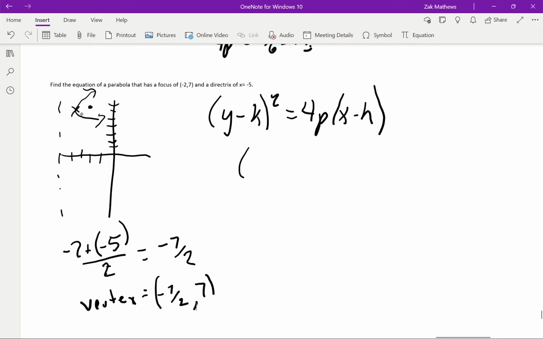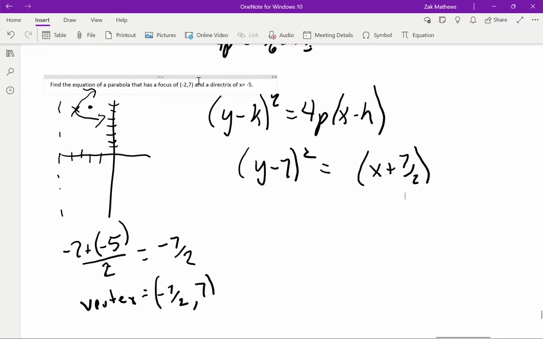So we can go ahead and start inserting this. Y minus 7 squared equals 4p, which we're going to figure out in just a second, times x plus the 7 halves. And I do need to figure out that p, so remember the p is the distance between the vertex and the directrix, or the vertex and the focus. So we found this to be at 3 1/2, or 7 halves, and so that's 1.5 units, or 3 halves units difference between the vertex and the focus, or the vertex and the directrix.